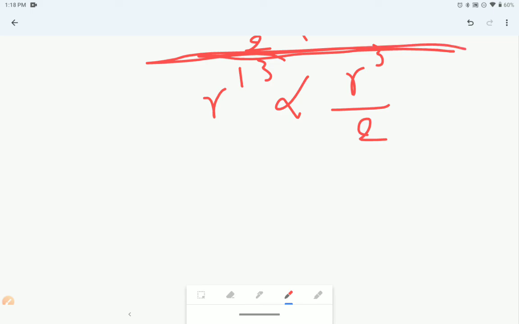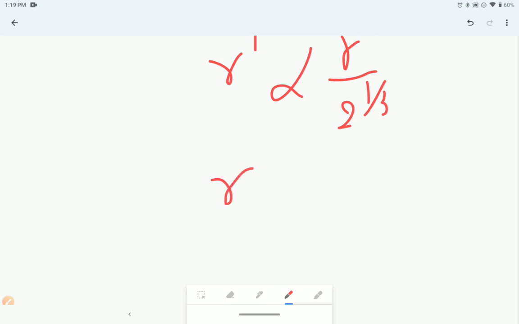Now if we apply the cube root on both sides, r dash is directly proportional to r times 2 power 1 by 3, which results in r dash being directly proportional to r upon cube root 2.